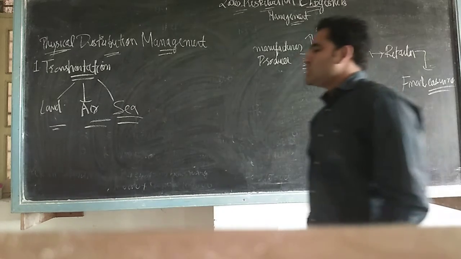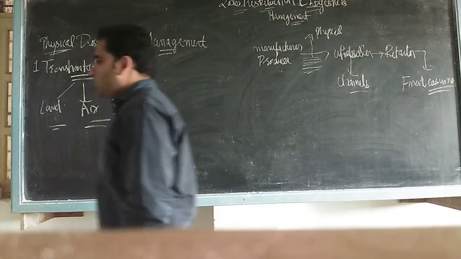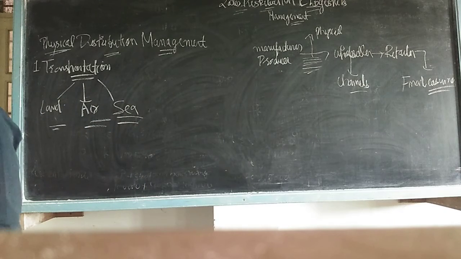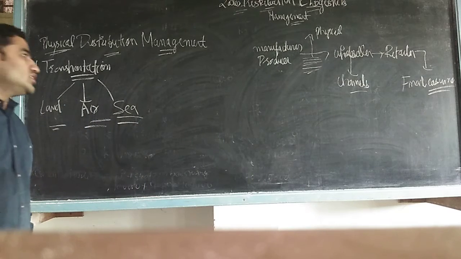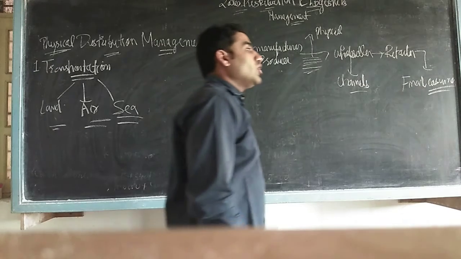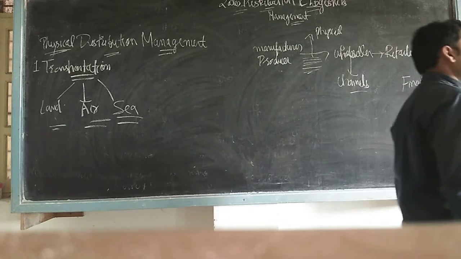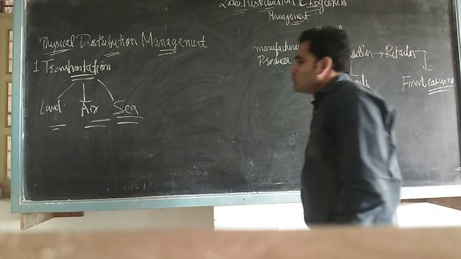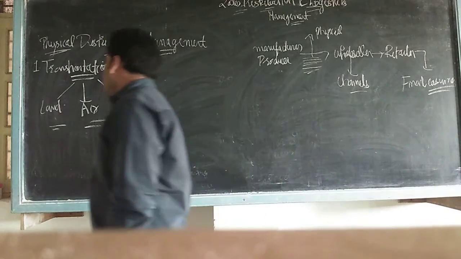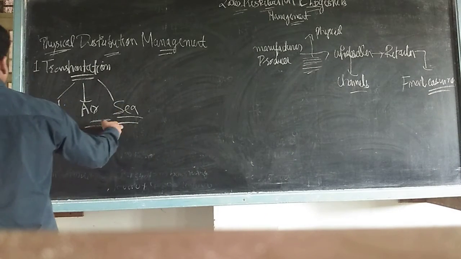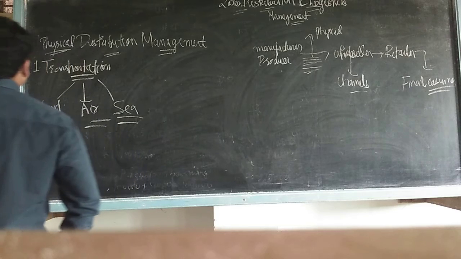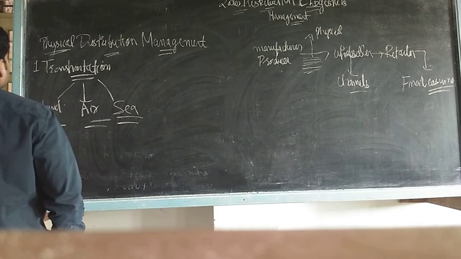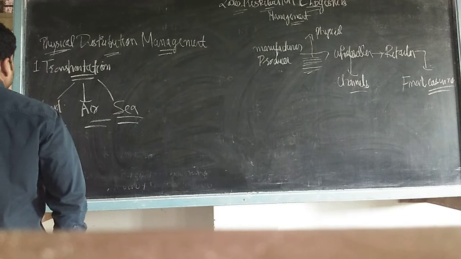When sea is utilized or with the water medium, the goods are transported generally from one country to another. Okay, that is known as shipping carriage. So these are generally used when the distance between the producer and the final consumer is very large.